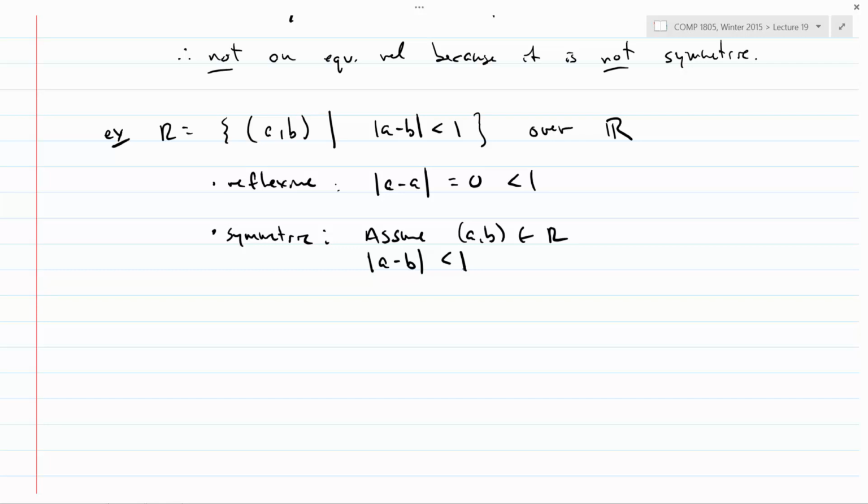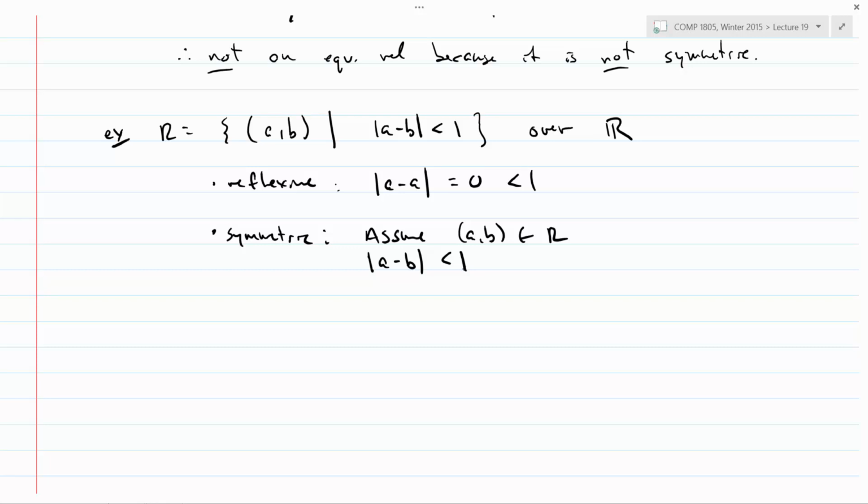I want to know something about the absolute value of B minus A. What's the absolute value of B minus A? It's exactly the same thing as the absolute value of A minus B. Right? Because A minus B is minus B minus A, and absolute value lets you ignore the minus. You always get something that's positive.